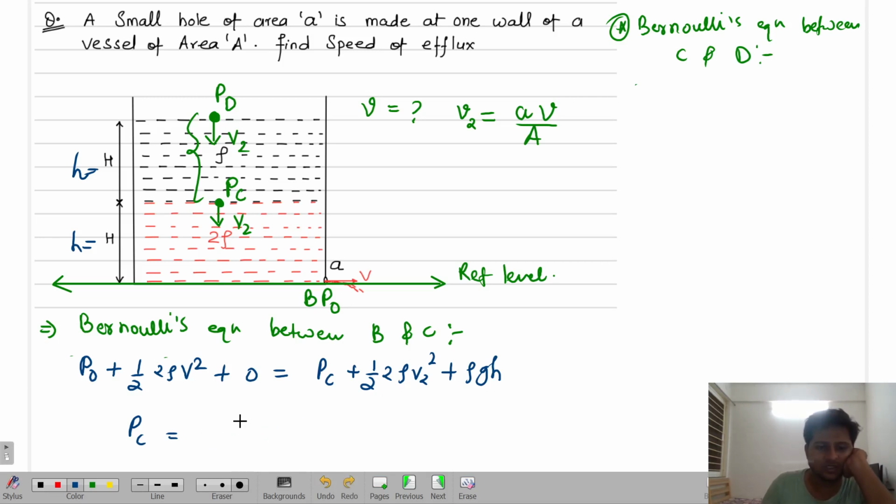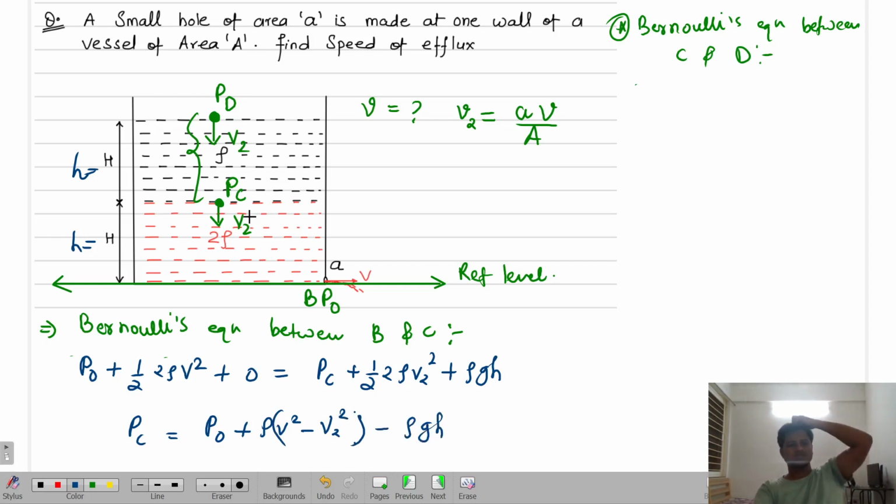Basically, if you write PC is equal to P naught plus, half cancels, so rho times v square minus v2 square, minus rho gh. This is your formula, because it is the same liquid.